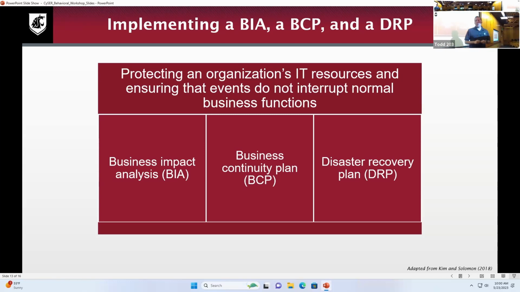So if you are WSU, and it is December 1st, right after everyone's come back from Thanksgiving, and we get 2 feet of snow overnight, what's the impact on WSU and their ability to do their job when that happens?